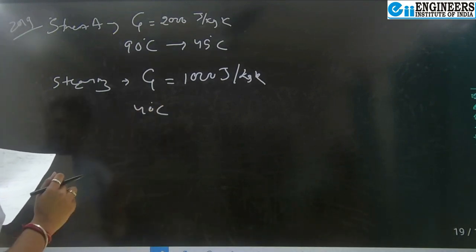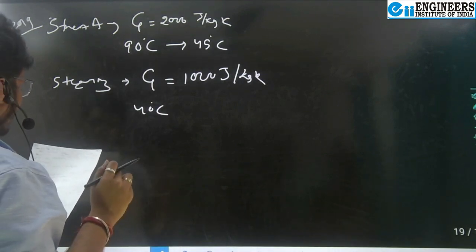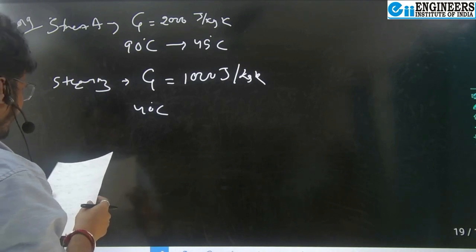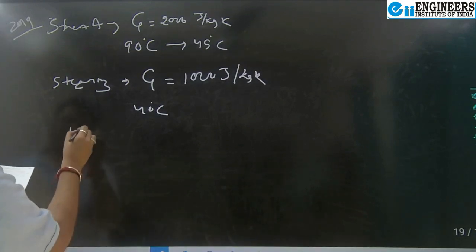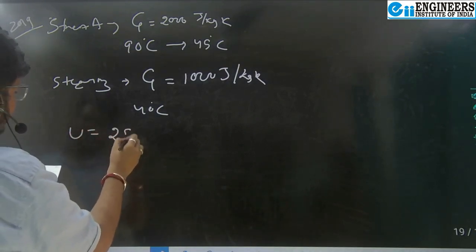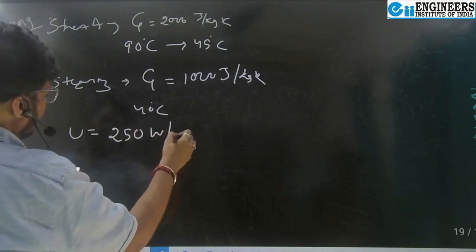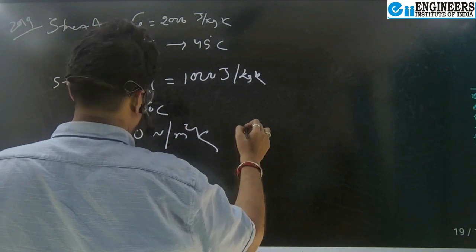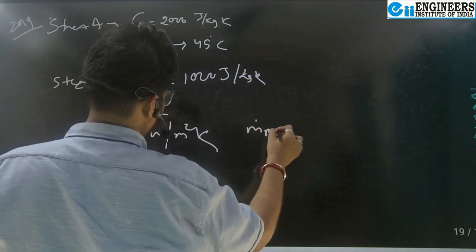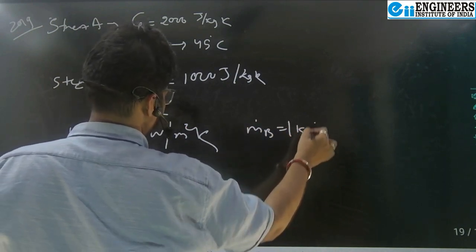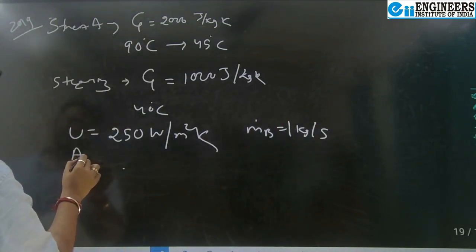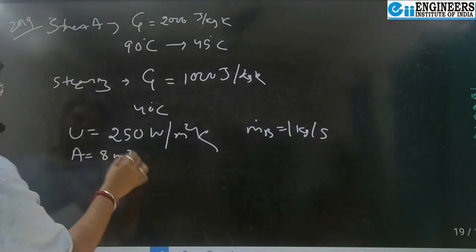So here it asks us to calculate the arithmetic mean temperature difference, where U, the overall heat transfer coefficient, is 250 watt per meter square Kelvin, and the mass flow rate of stream B is 1 kg per second. Another thing, it has given area of the heat exchanger to be 8 meter square.